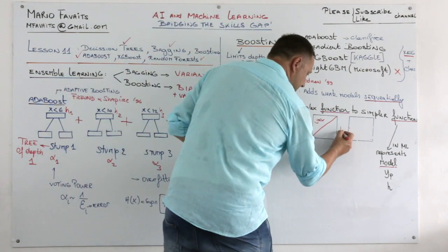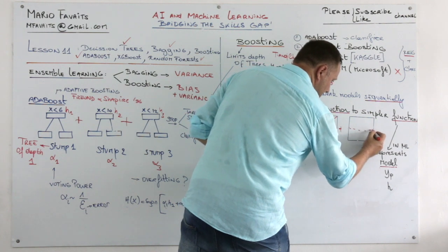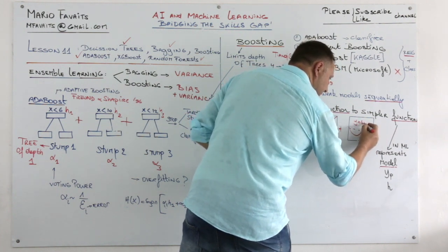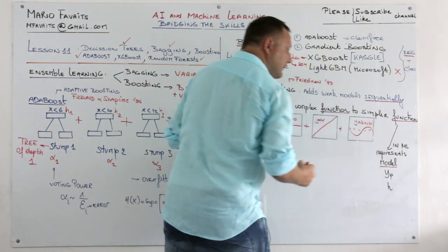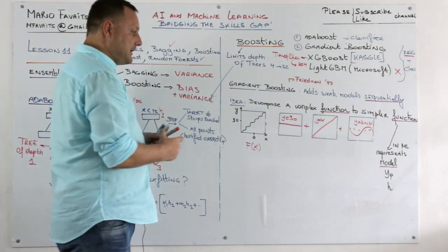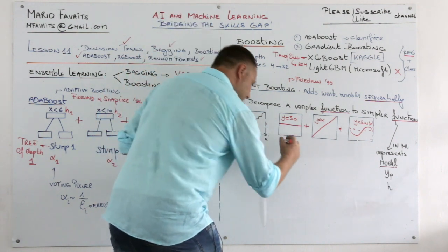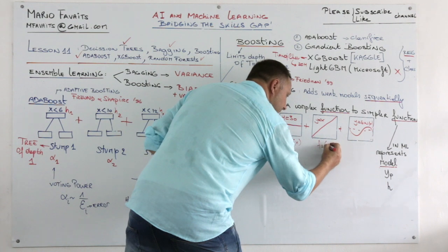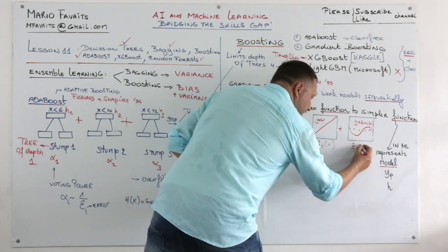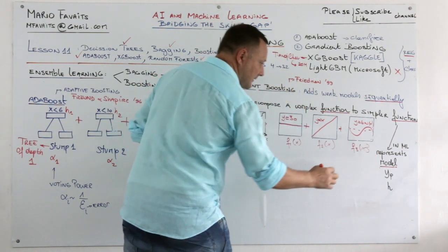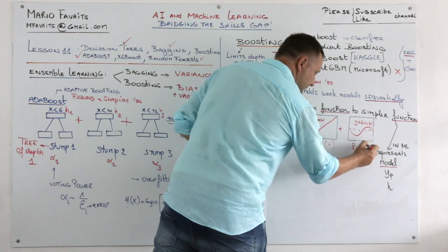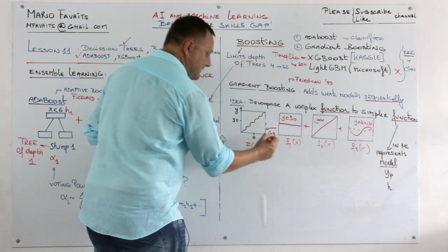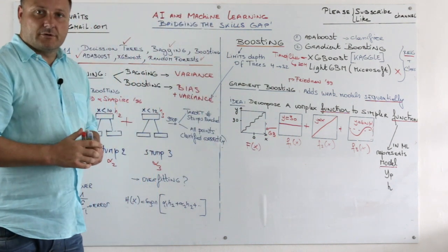And then we're going to add the sine, y equals sine of x. So if we add these three, we get this function. We'll call these f1 of x, f2 of x, and f3 of x. And from this we will construct this complex or target function.